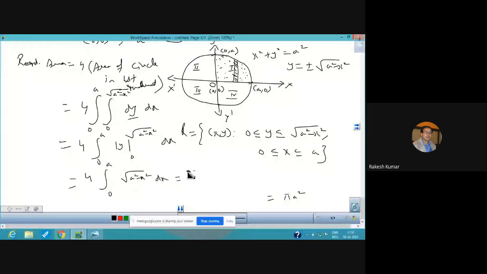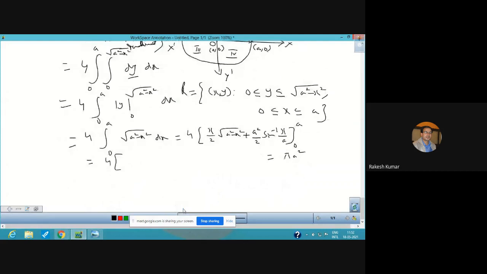Now, this is the formula again, square root of a square minus x square, and the formula is x over 2 times square root of a square minus x square plus a square over 2 sine inverse x over a, and the limits are 0 to a. Now, for the upper limit a, you will have a square minus a square, 0. So that term will give you 0, and from here you will have a square over 2 sine inverse a over a.